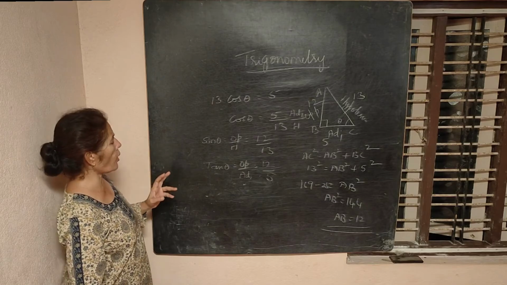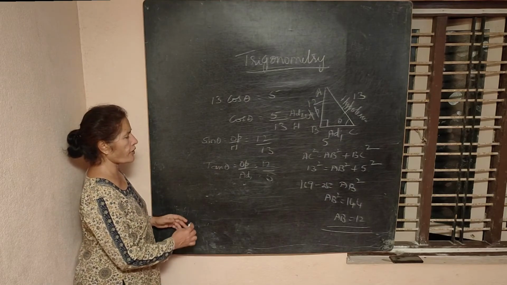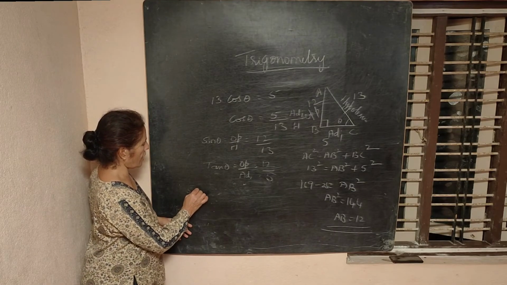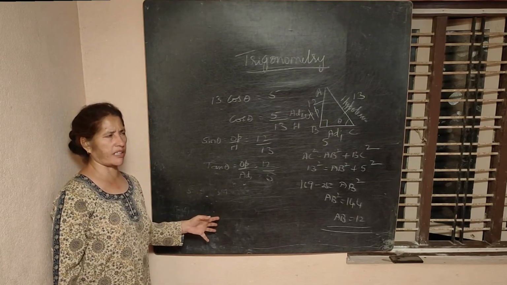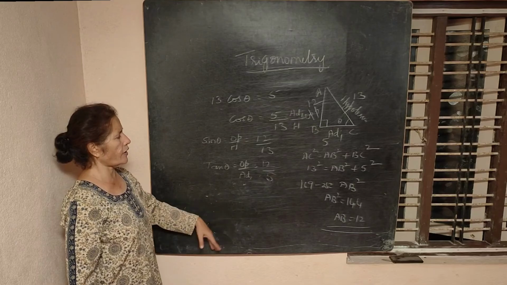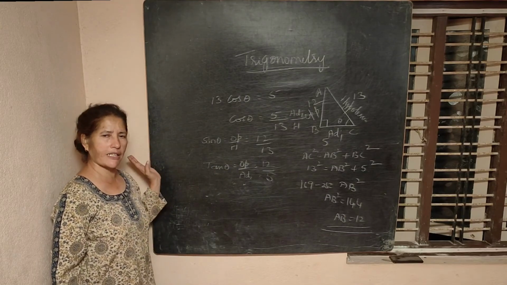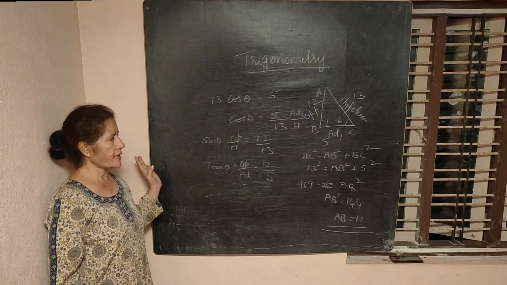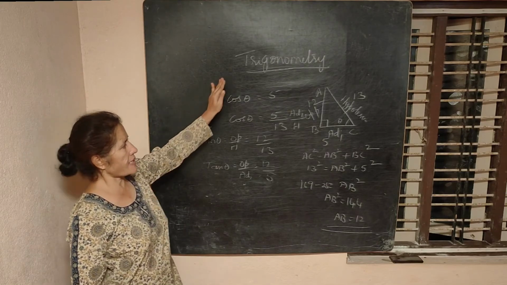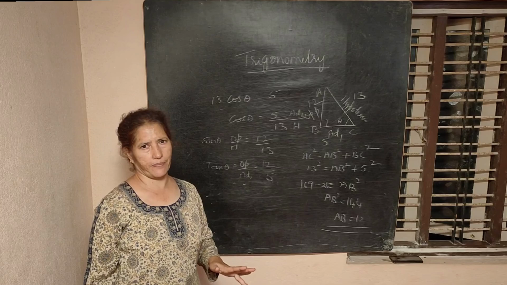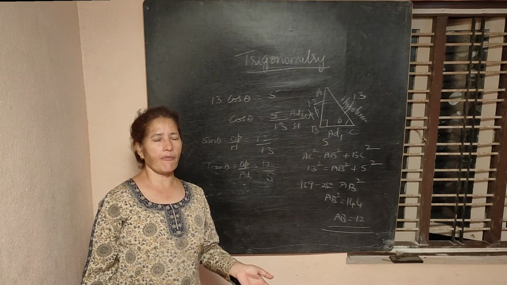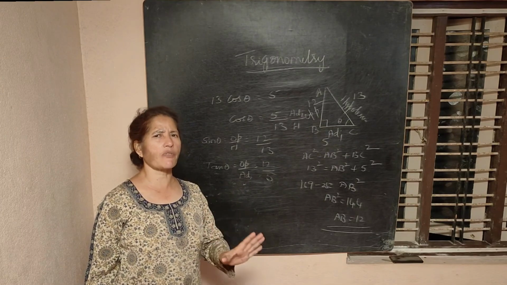So, suppose after that they ask you to find the value of sin theta minus cos theta or sin square theta plus cos square theta. Any value you can find out once you know the values of all these. Did you all understand? Yes. So, this is my first class of introduction to trigonometry. In the next step, we'll deal with some specific angles.